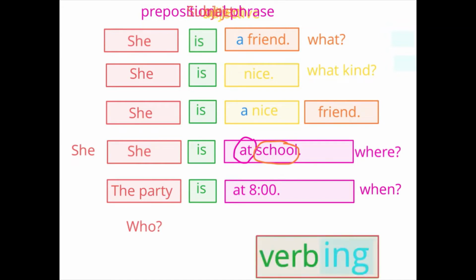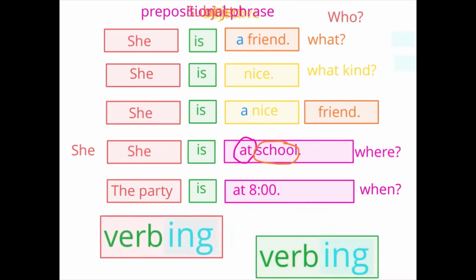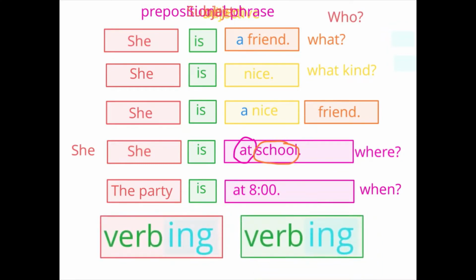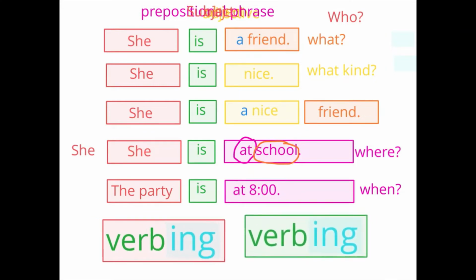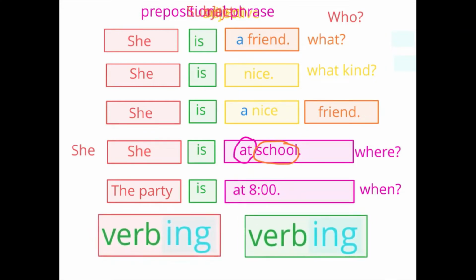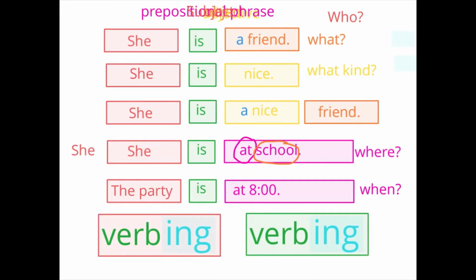Next, we are going to talk about sentences that use a verb with ing on the end. We're going to be able to use a verb with ing on the end in the predicate part of the sentence and in the subject part of the sentence. That is what the lesson today will be about.